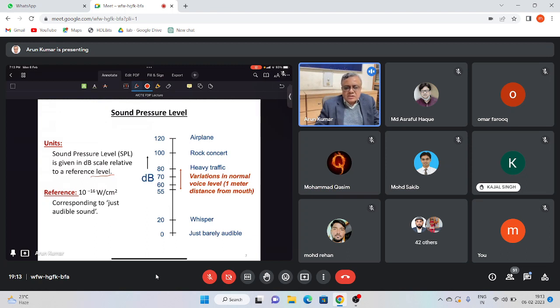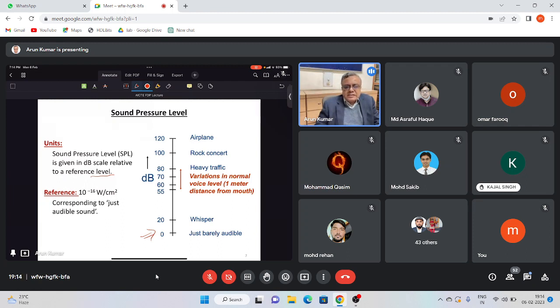So just audible sound then becomes 0 dB, and what it means is that a sound which will be heard by 50% of the people from a group of human beings, and it will be heard 50% of the time, that is qualitatively defined as just audible sound. So that is taken to be 0 dB.